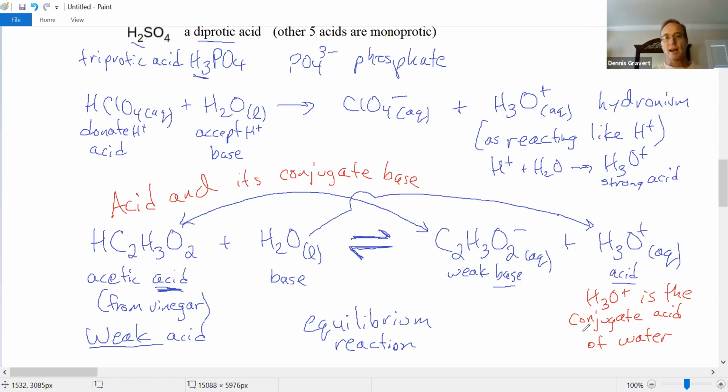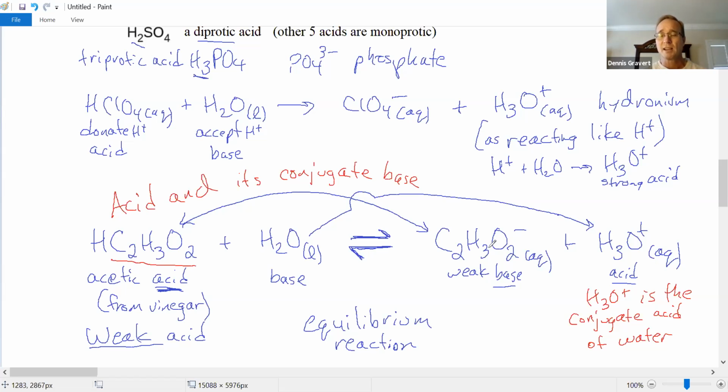Okay, so if you're ever asked a question involving the word conjugate, write out the reaction. Go to the start and identify, well, who's the acid and the base and what became of the molecule? So what became of C2H3O2? Oh, here it is. It's just by itself as an anion. So there's its conjugate.